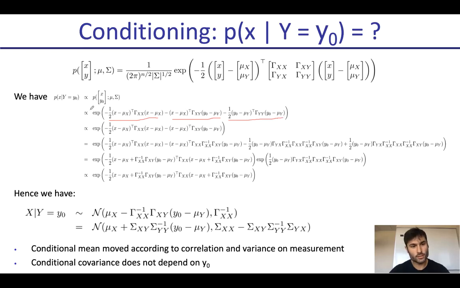Since we're just finding proportionals and the last term doesn't depend on x, we can completely drop it, and say all of this is proportional to just the terms that depend on x and the parts that depend on x and y0.